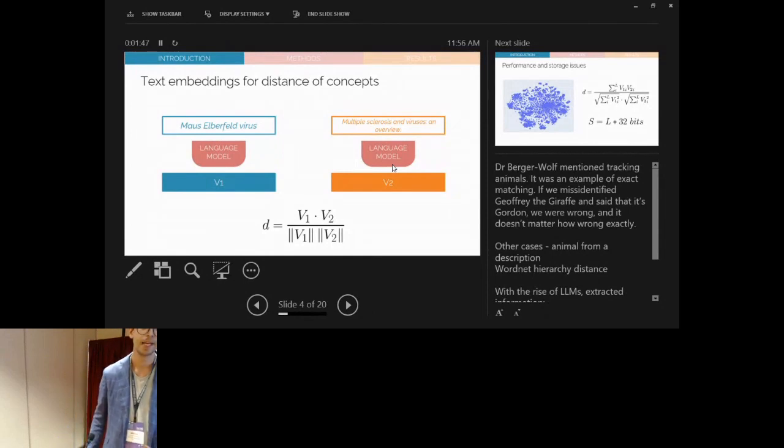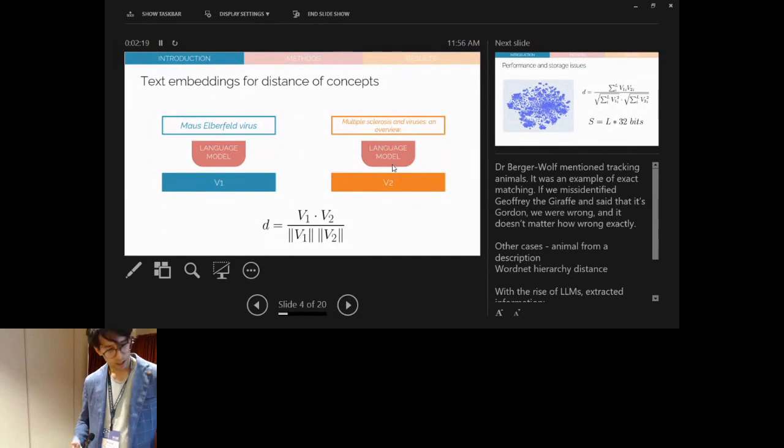But fortunately, in text mining, the case isn't so simple because we can be more or less wrong. So, for example, if we have some text description of an animal and we detect from the text an animal that is not precisely the one that the description was about, but we are close, then there are many metrics that can tell us how close we were.